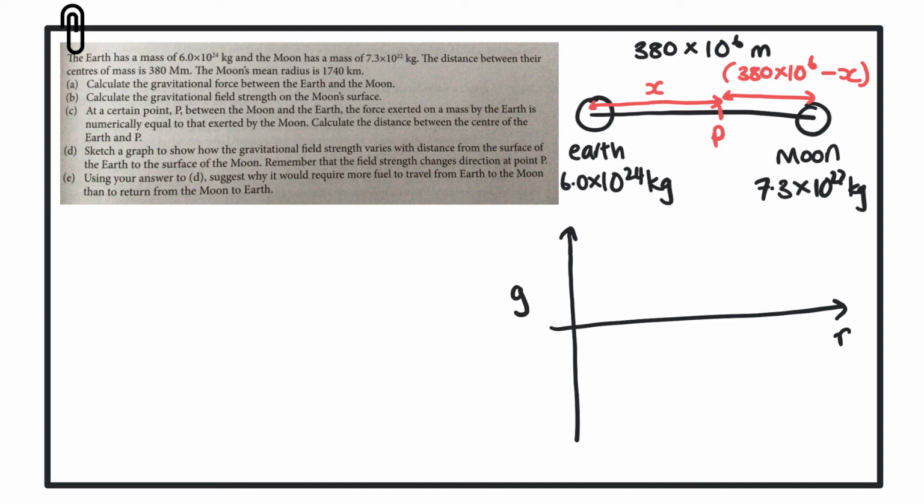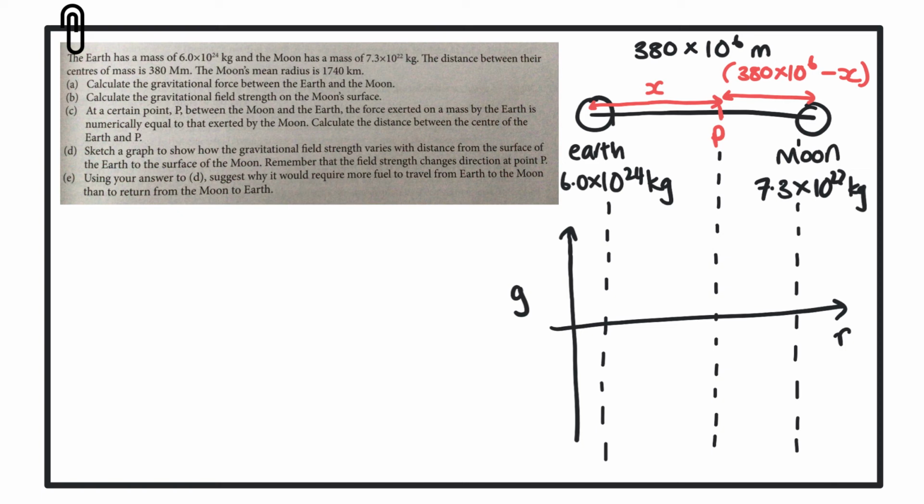I'm also going to do a couple of dashed lines from the diagram just to show how they correspond to the graph. So in particular, we've got our point P here, and I'm also going to put on the surface of the Earth and the surface of the Moon. And that's just to help me visualize what's happening here.